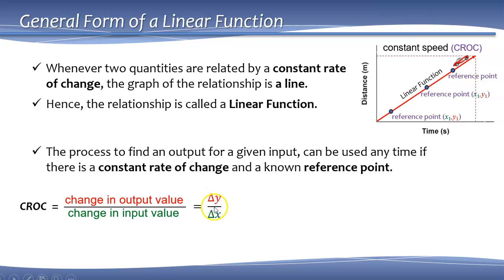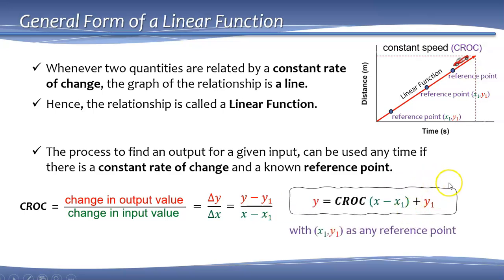So that would be delta y divided by delta x, or y2 minus y1 over x2 minus x1, or y minus y1 over x minus x1. So you will have this equation here where you can find the final output with a constant rate of change and a reference point. In this case, any point in the line, if you have a constant rate of change, is going to be a reference point.